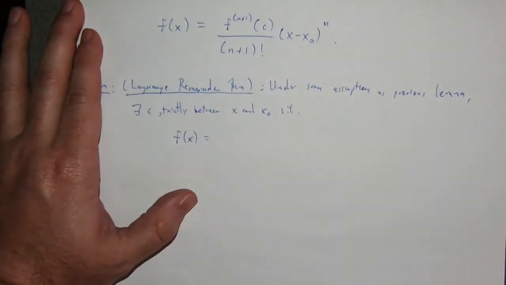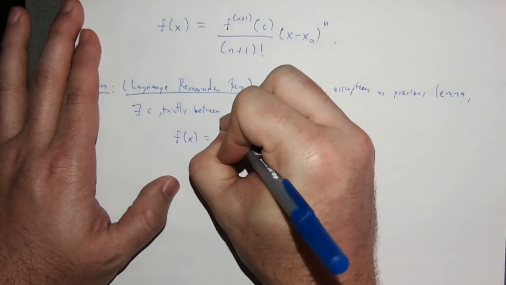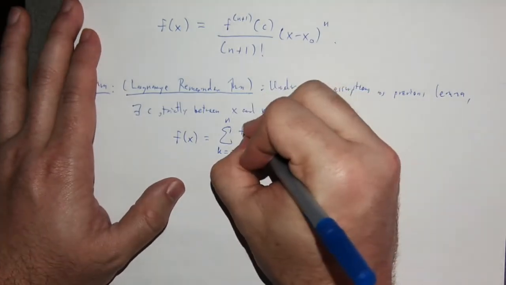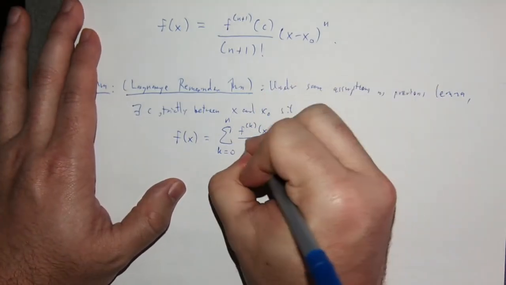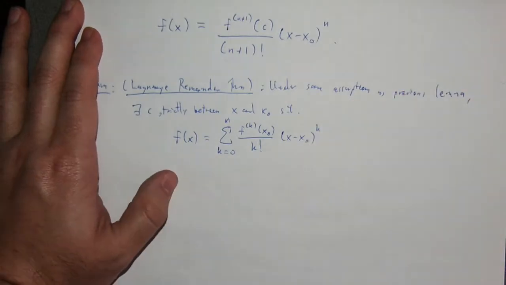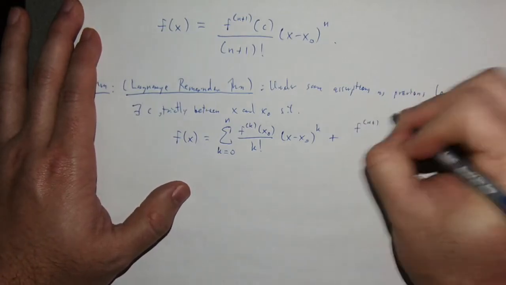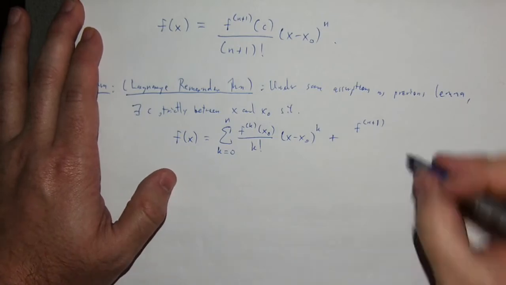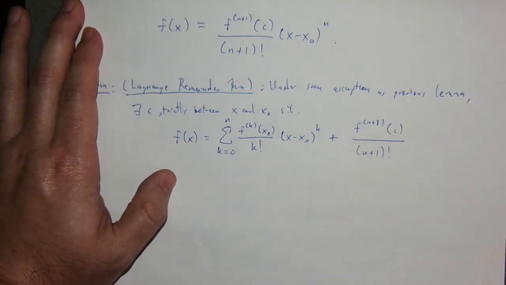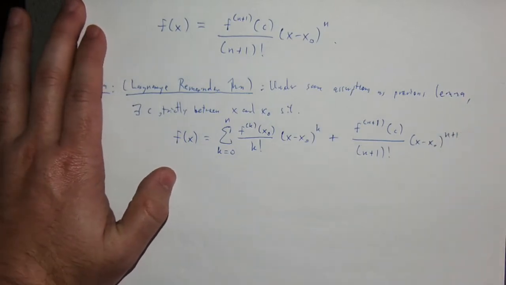F of x is equal to the sum from k equals 0 up to n of the kth derivative of f at x naught over k factorial times x minus x naught to the k, plus this term, the n plus first derivative of f at c over n plus 1 factorial times x minus x naught to the n plus first.